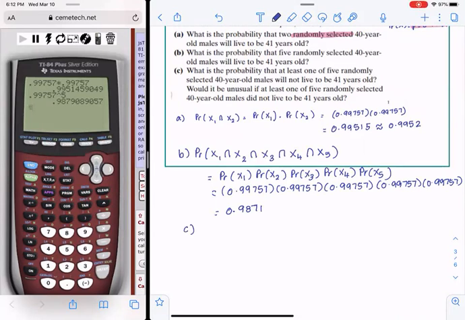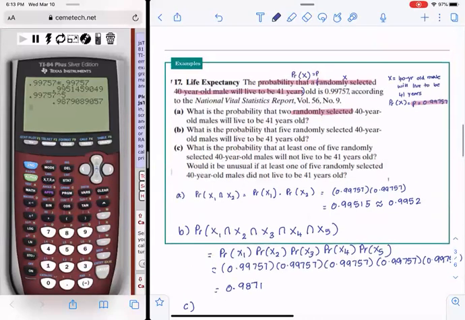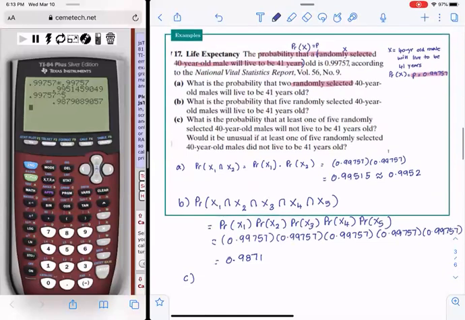Part C, what is the probability that at least one of the 5 randomly selected 40-year-old males will not live to be 41 years old? So you've got to pay attention here carefully, because the probability that's given to us is the probability that the 40-year-old male will live to 41 years.